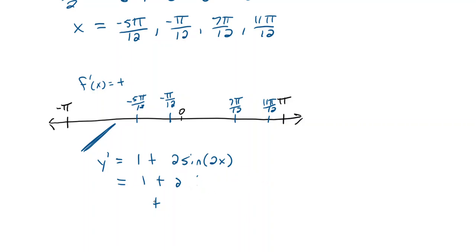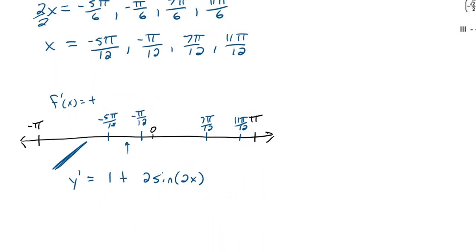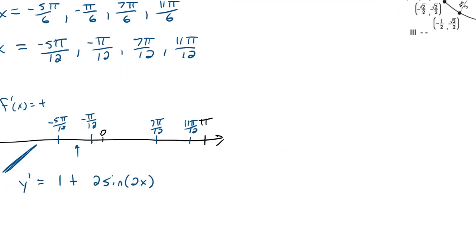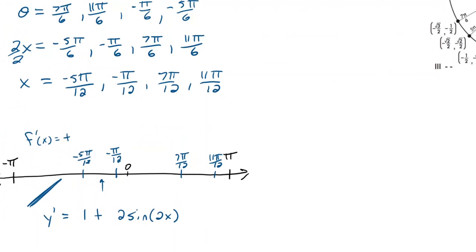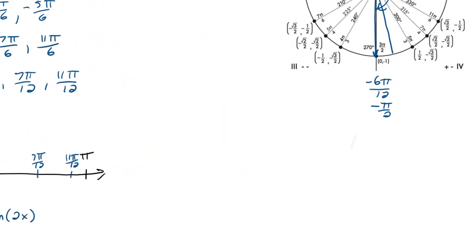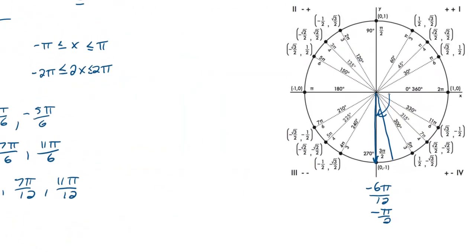Okay, so now the next one gets a little bit tricky. If we think about where this is, we've got negative 5 pi over 12, and then negative pi over 12 is just past, like 1/12 of the way around. So we're really in between here. Let's just try a number, maybe 11 pi over 6.